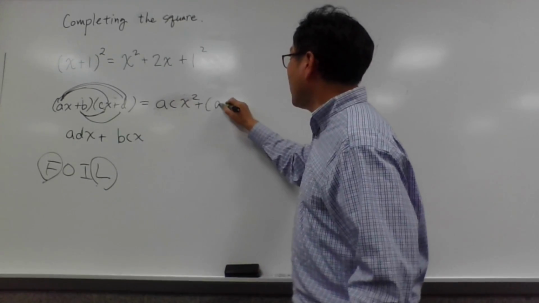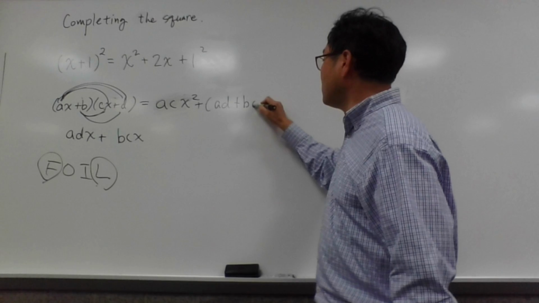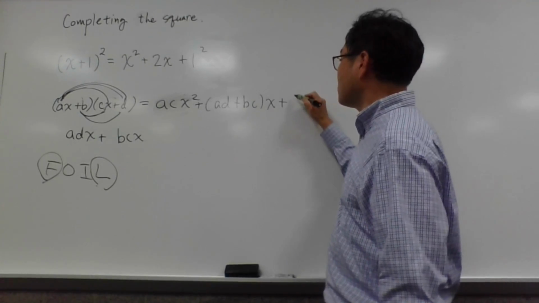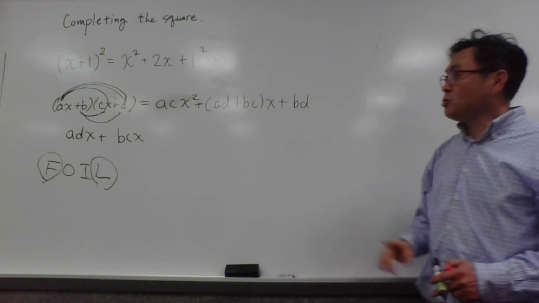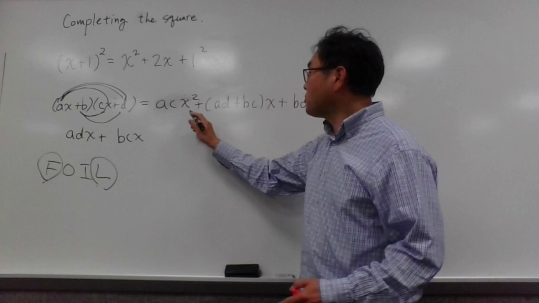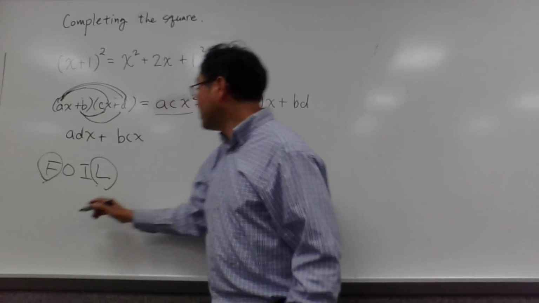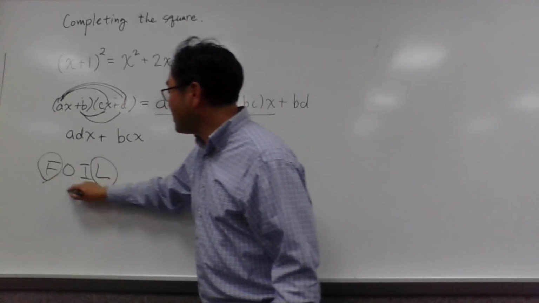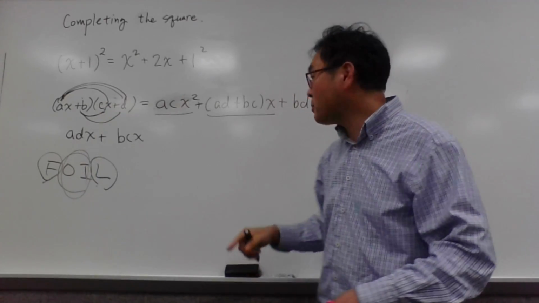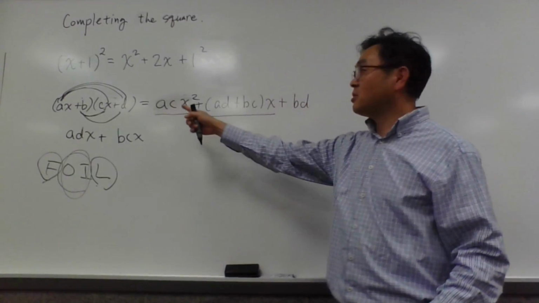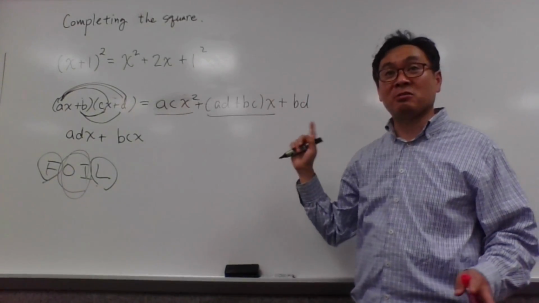So you get ACX squared plus (AD plus BC)X plus BD. Okay? So you should visualize it like this. The first term is the F. The middle term is really the outer and inner combined. Those two things get added up. And the last one is the two lasts multiplied.